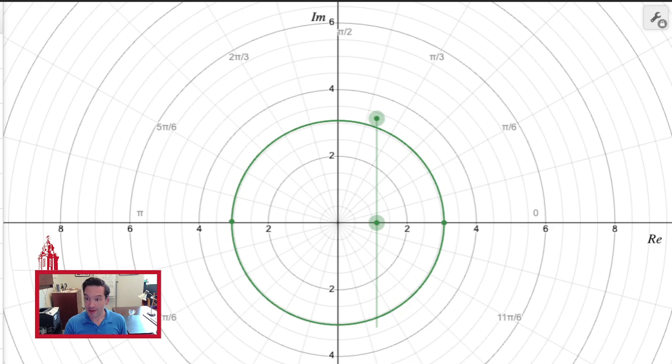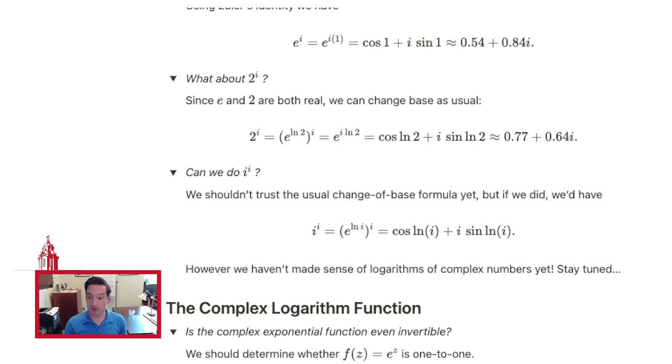And therefore, I think we are ready to say to ourselves that, in general, the exponential function does not look like it is one-to-one on the complex plane, because the top point and the bottom point on this line segment are both getting mapped to the same image point in the range. Let's see if we can verify that hunch using arithmetic.